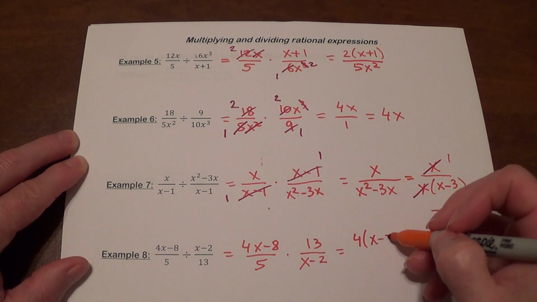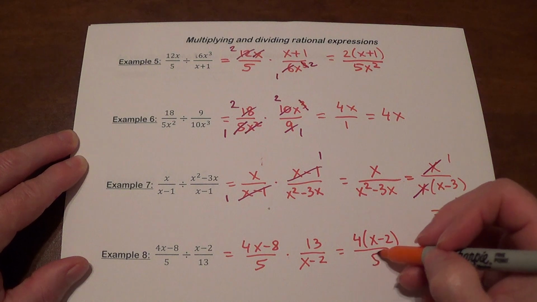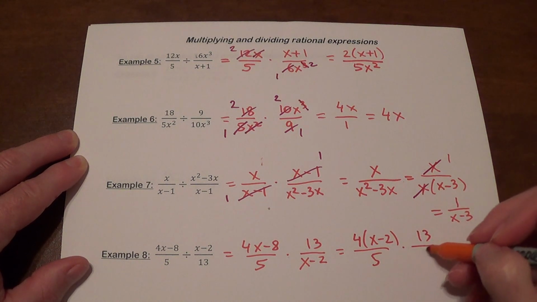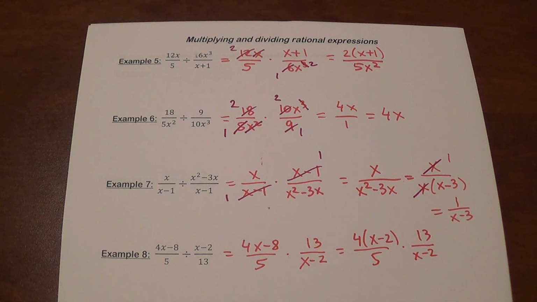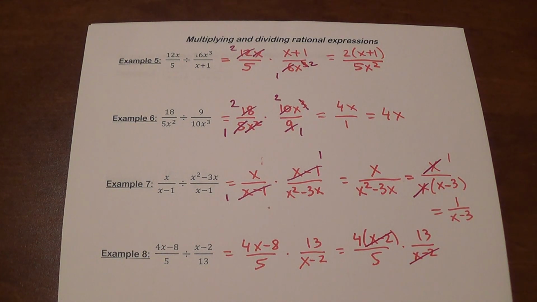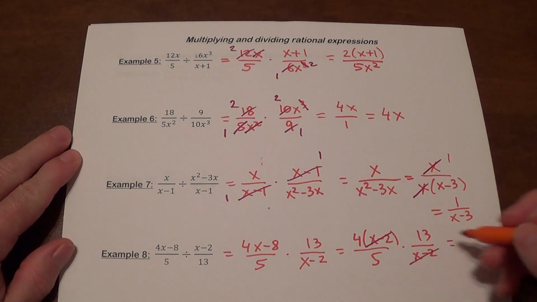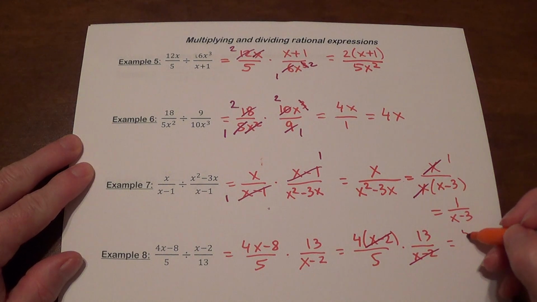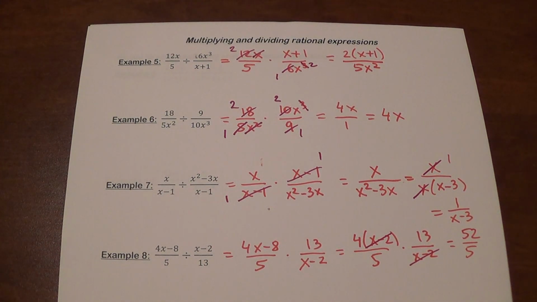It's going to leave you with x minus 2 over 5, and here we're going to have 13 divided by x minus 2. x minus 2 and x minus 2 cancel. That removes all the x's from our expression, and we just write the remaining part, hopefully simplified. 4 times 13 is 52, and the denominator is going to have 5. Okay.